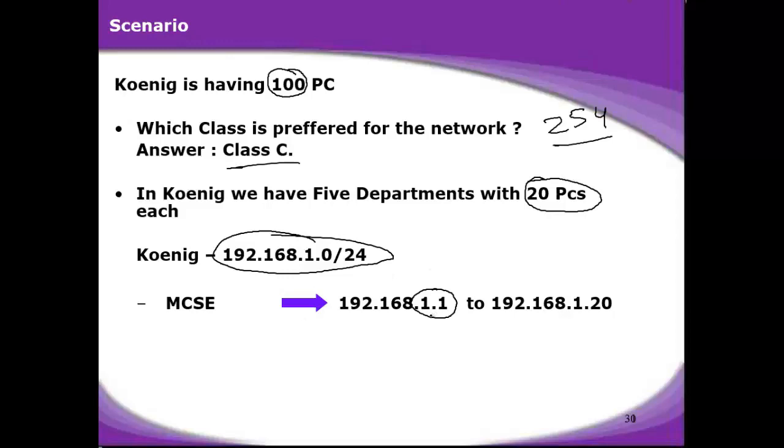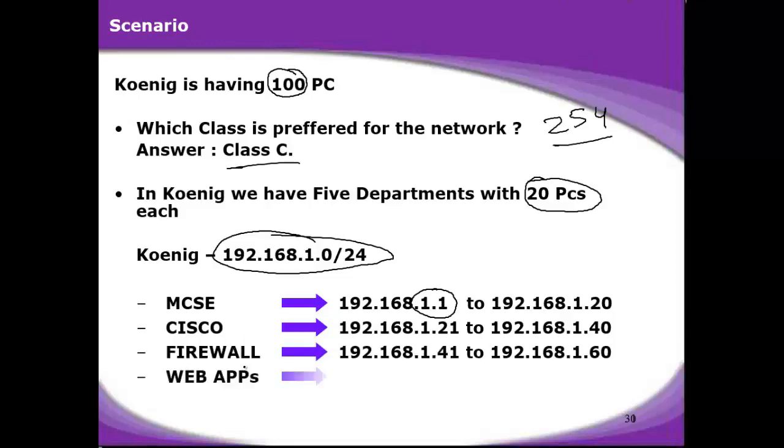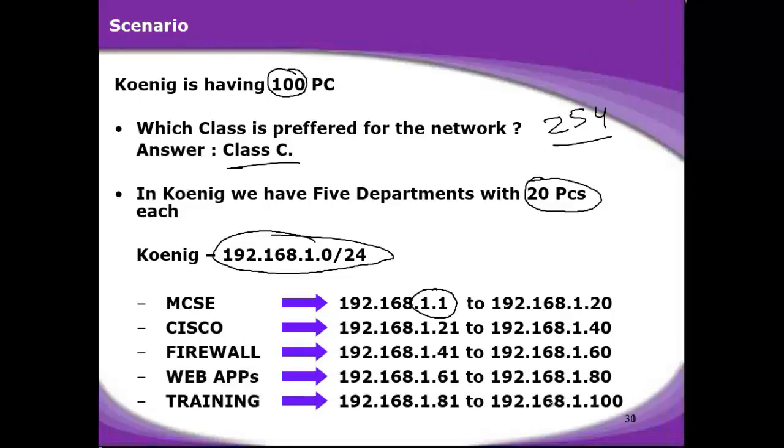So starting from 1.1 to 1.20 to this department, and 1.21 to 40 to another department, and so on up for the 5 departments. But the problem in this assignment is that you don't have different networks for all of your 5 departments, and your requirement is to stop by default communication between the departments.